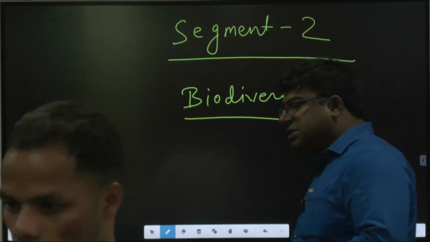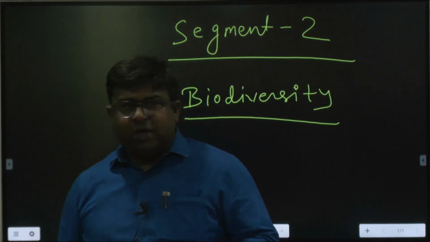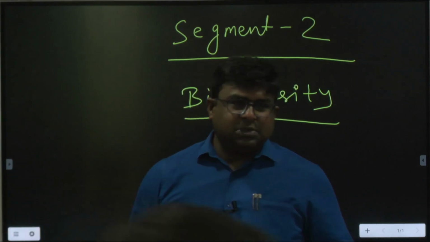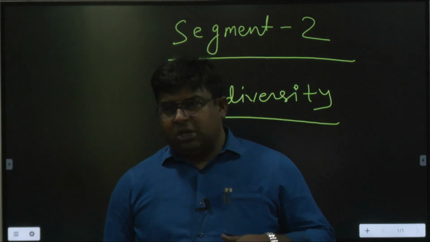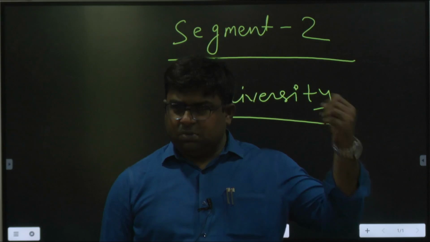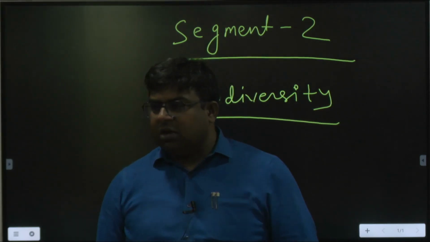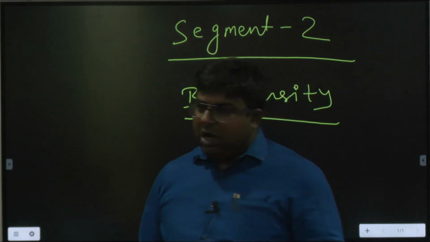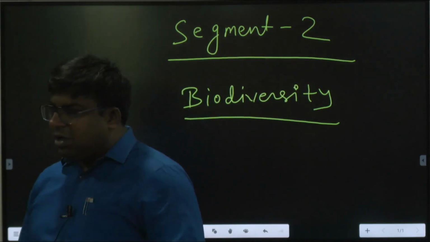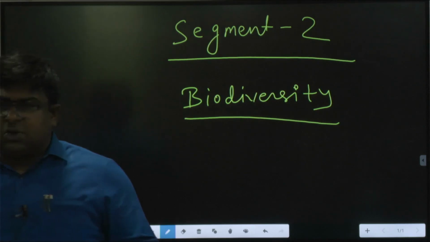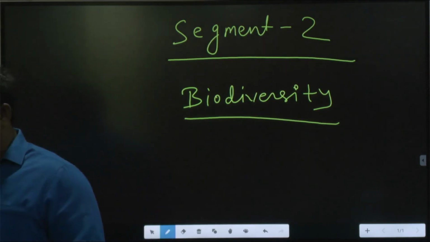Dynamic information means various initiatives and programs which were initiated way back 20-30 years ago, but they still have relevance, so we need to talk about them, and at the same time we should be aware of contemporary developments related to biodiversity, right?